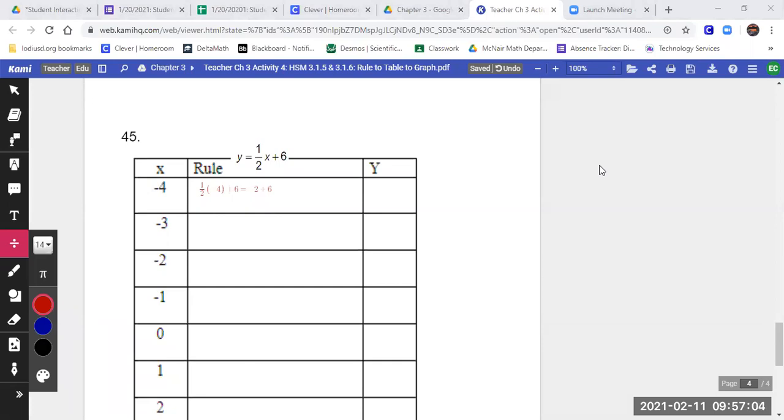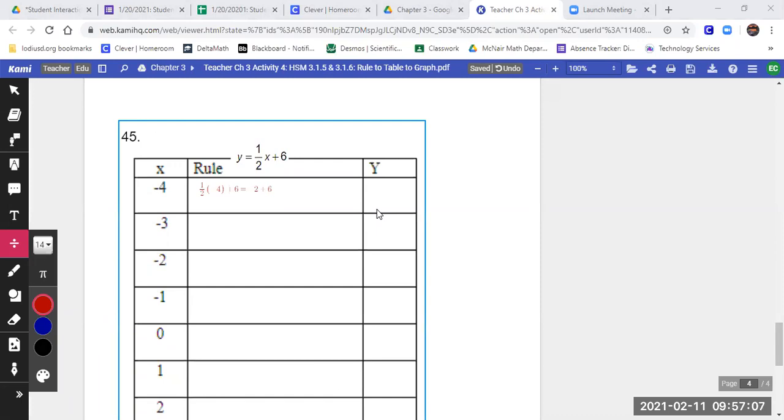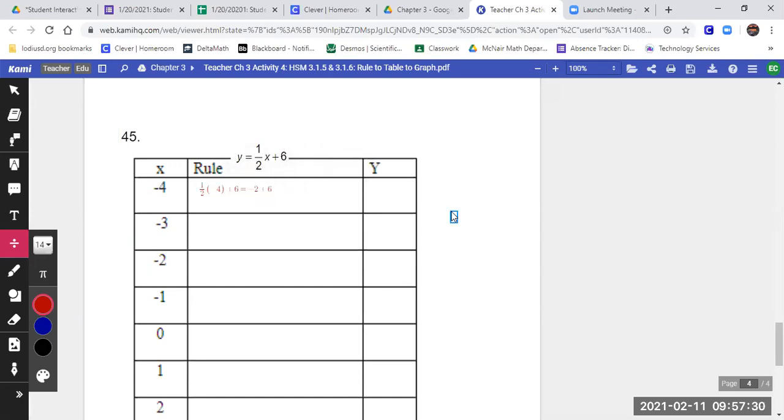Subtract and do what? Keep the sign of the bigger number. Yes. The bigger number is positive, so it's going to be a positive answer. 6 take away 2 is 4. Oops, I'm not going to put it there. I'm going to put it here. +4.